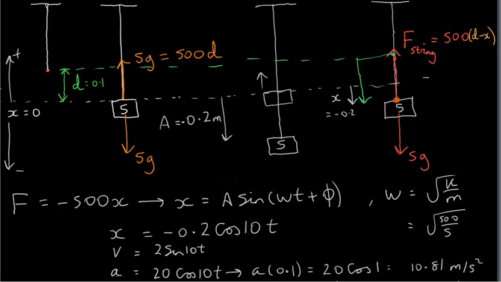Just as an exercise, we will calculate x at t equals 0.1 just to see where it is. Hopefully it's below the equilibrium position. So x at 0.1 is minus 0.2 times the cos of 10 times 0.1, which is 1. See, this will come out to be negative.